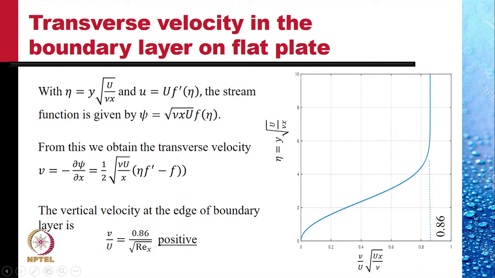Notice that this is positive. So, the transverse velocity is upwards in the boundary layer above the plate. You also notice the transverse velocity is like 1 over square root of Reynolds number. That is, it is very small compared to u.